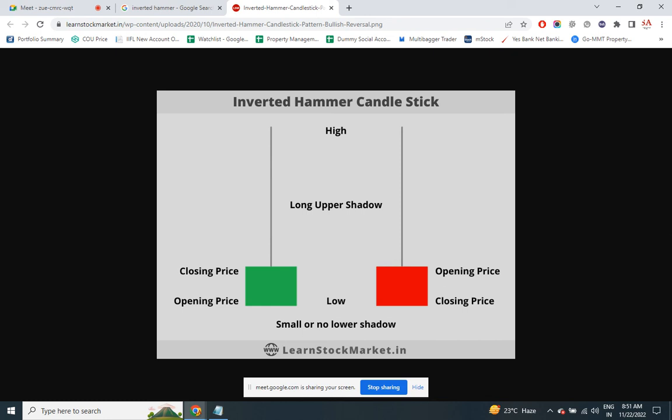In the hammer pattern, the entire bad news gets digested. Here, the entire good news gets digested. That's why the price is lower.